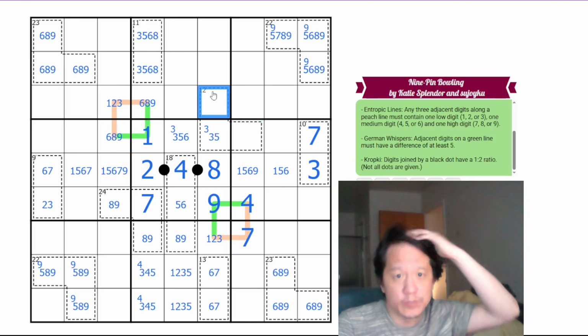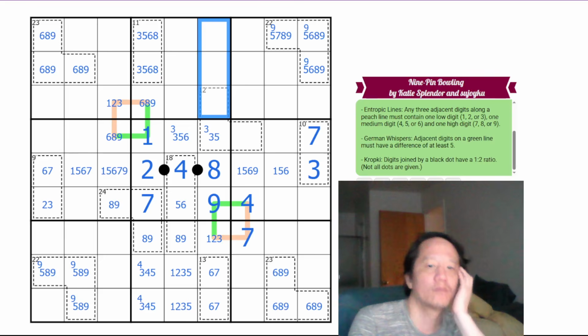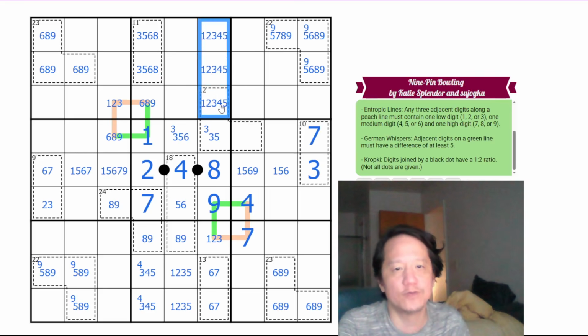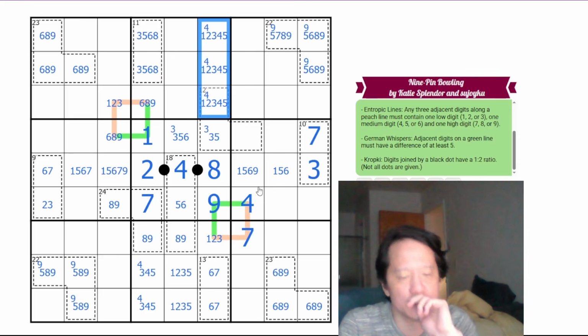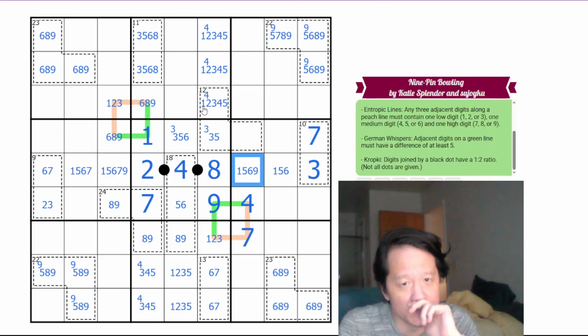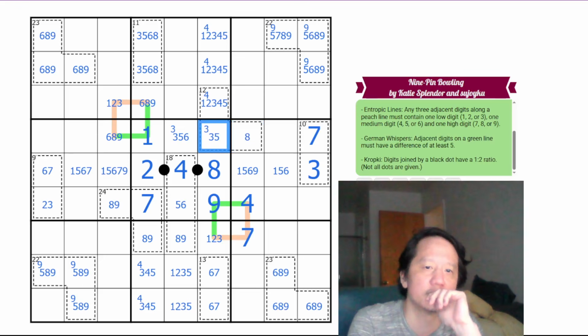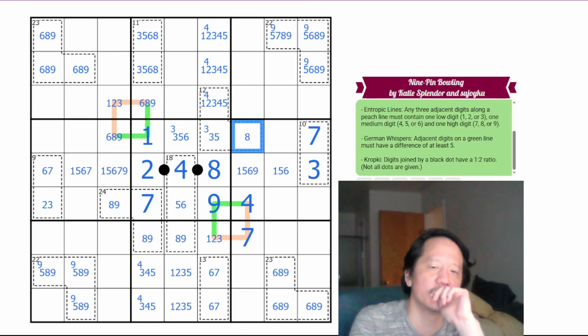What are these? Remaining digits in column 6 must be 1 through 5. We have a guaranteed 4 in one of these digits. 1 and 3 could add up to 12 with 8. 1, 5 adds up with 6. 2, 3 would have to be 7, but that doesn't work because of 7 in the box. 2, 5 would have to have a 5 there.